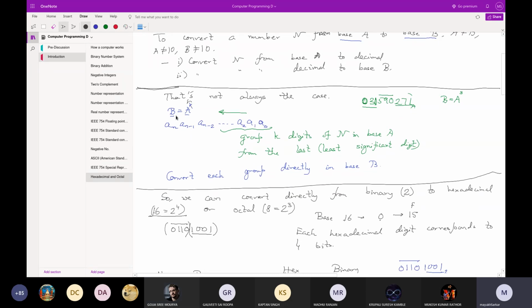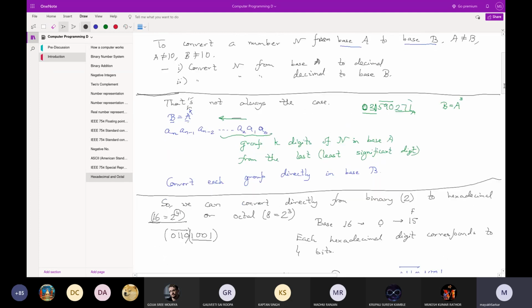So if b is the kth power of a, take k groups of digits from the last. As 16 is the fourth power of 2, that's why I have taken 4 bits from the last, adding 0 as the prefix if it is not a multiple of 4.